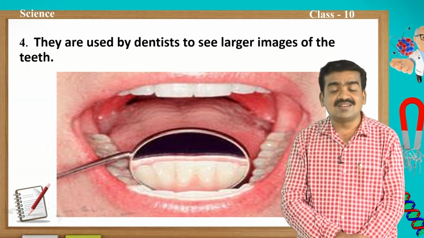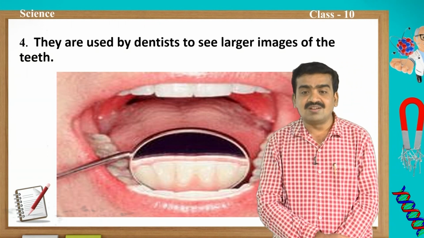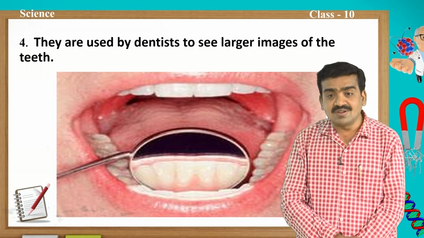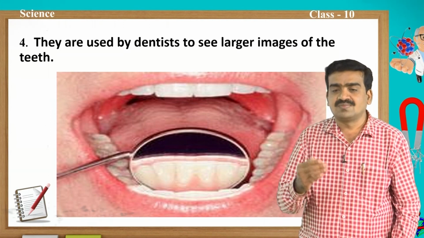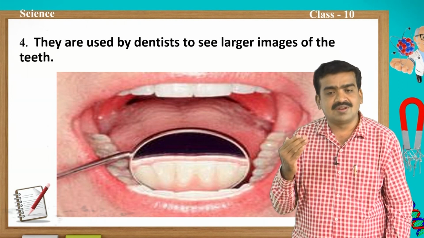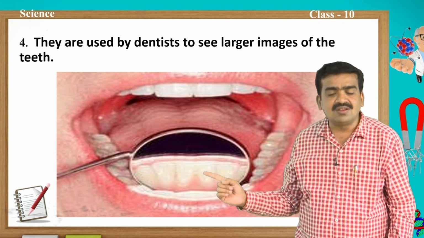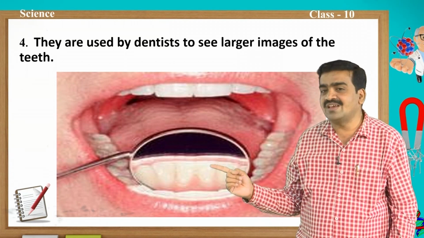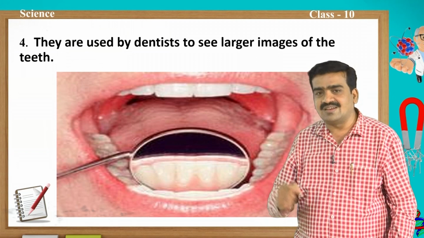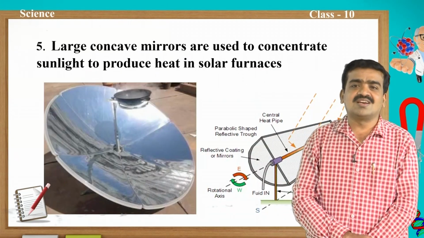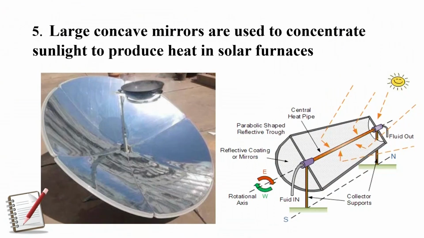If there is dental decay or any fault in the tooth enamel, we can notice it easily, because when the tooth is placed between P and F, we get an enlarged image and we can notice the faults easily and give the medicines accordingly.